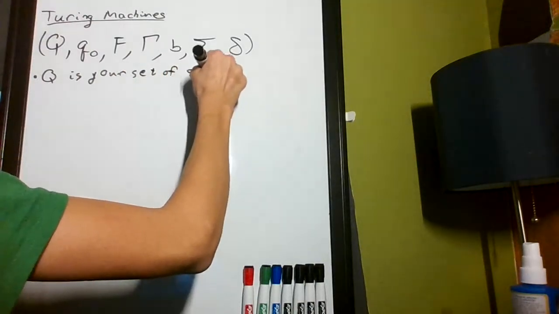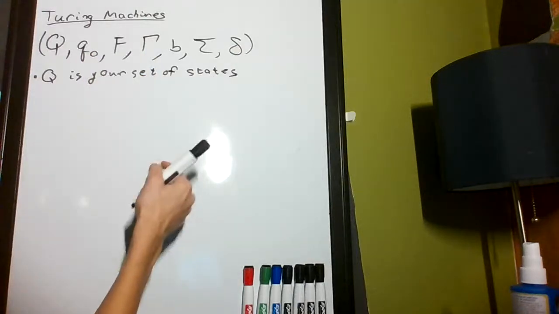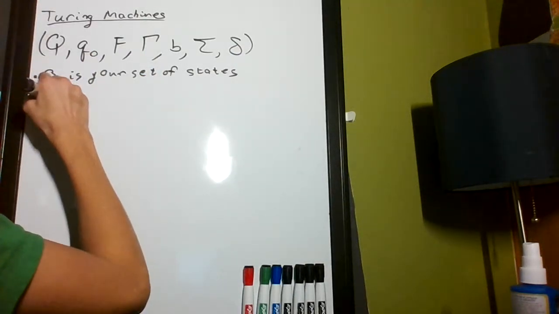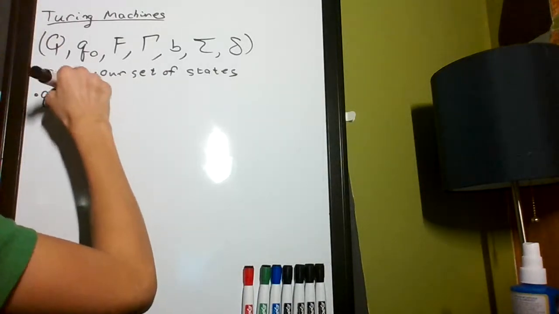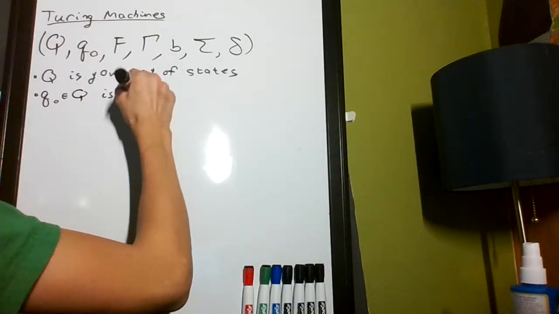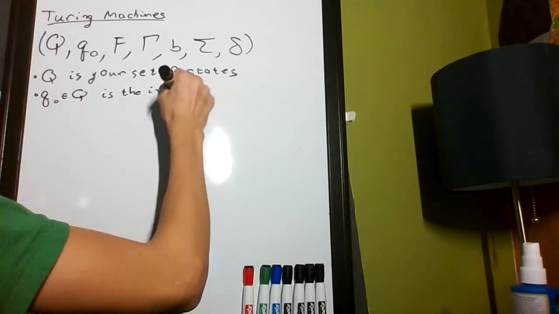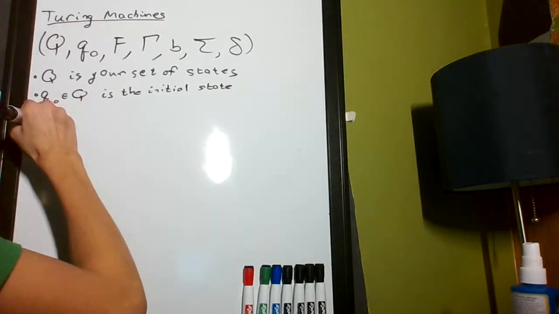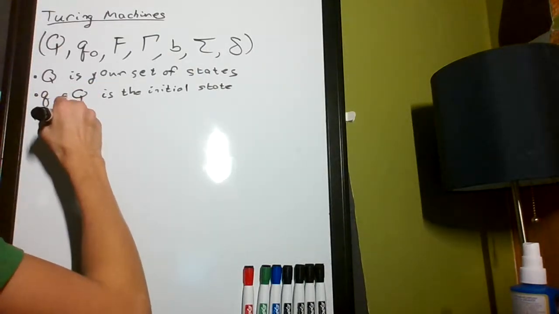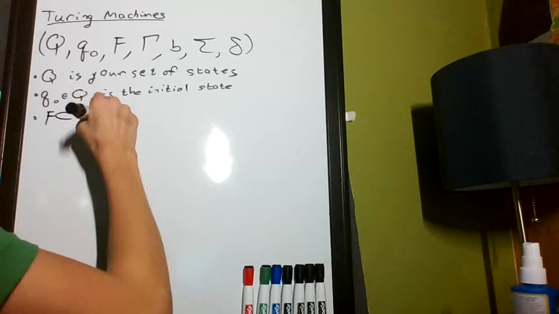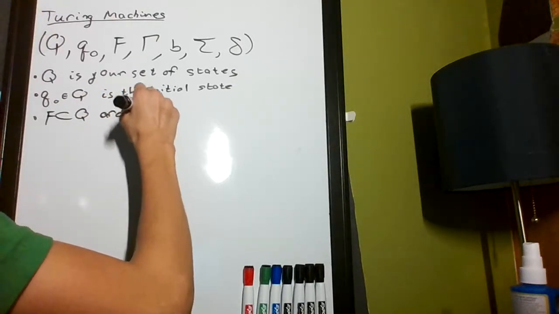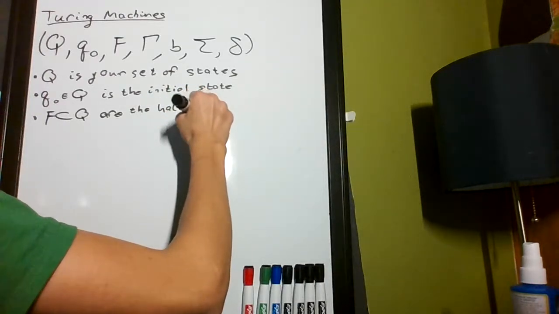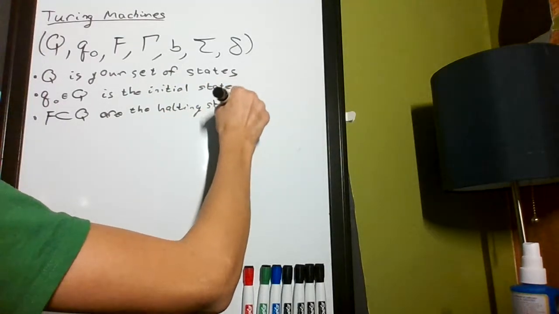So, in our example, it was Q0, Q1, Q2, and then halt. Q0 is an element of Q, is the initial state. So in our example, it was Q0. So F is going to be a subset of Q, are the halting states, basically meaning where you stop.